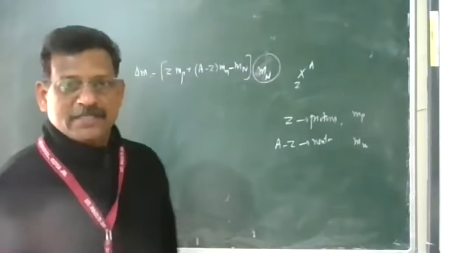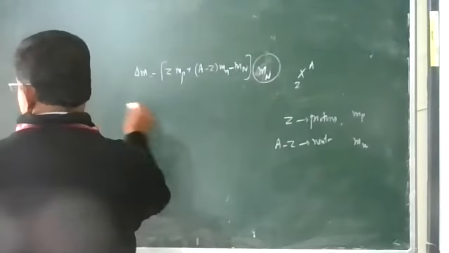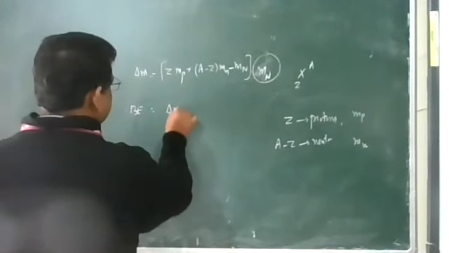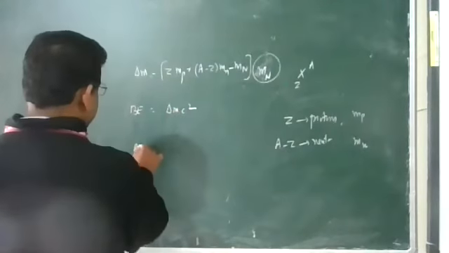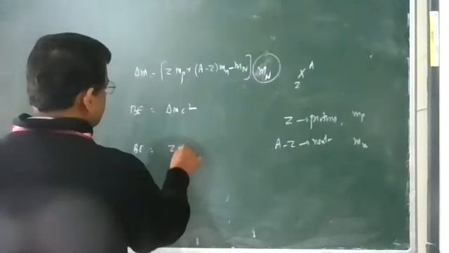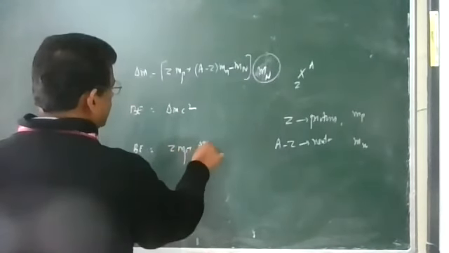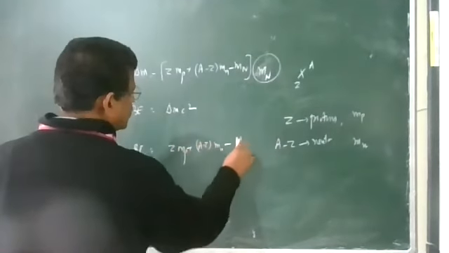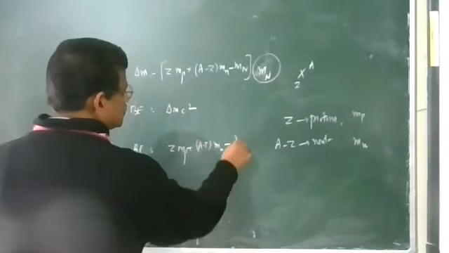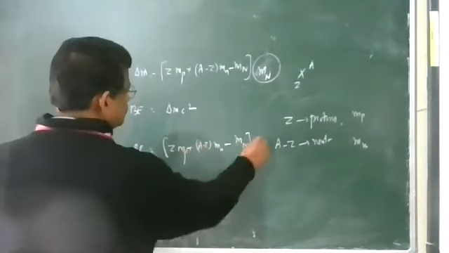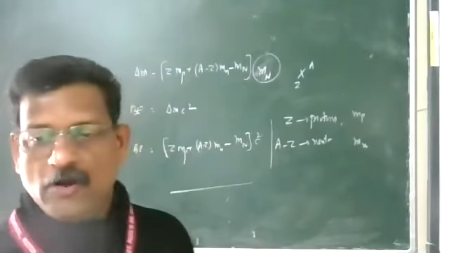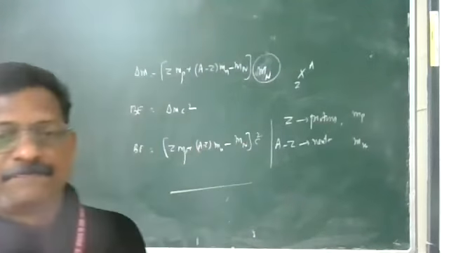This mass is converted to energy. So according to Einstein, binding energy is delta m c squared. So binding energy is equal to, very important, Z m plus A minus Z into n minus M, where capital M stands for mass of the nucleus, into c squared. So like this, we can calculate the binding energy of all the nuclei.